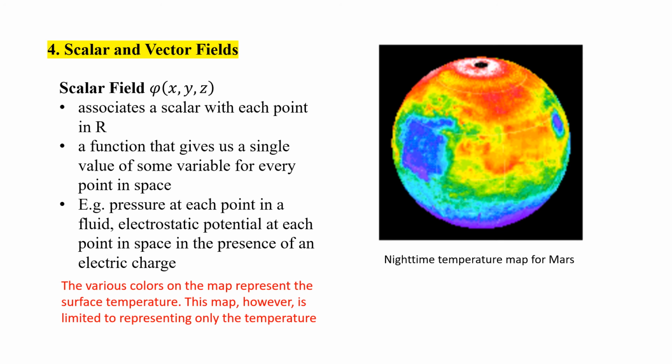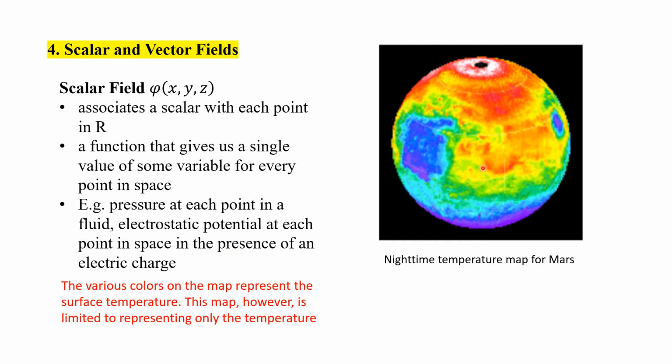The scalar field, represented by phi of x, y, z, associates a scalar with each point in your space R. This is a function that gives us a single value of some variable for every point in space. Examples of a scalar field are the pressure at each point in a fluid, and the electrostatic potential V at each point in space in the presence of an electric charge.